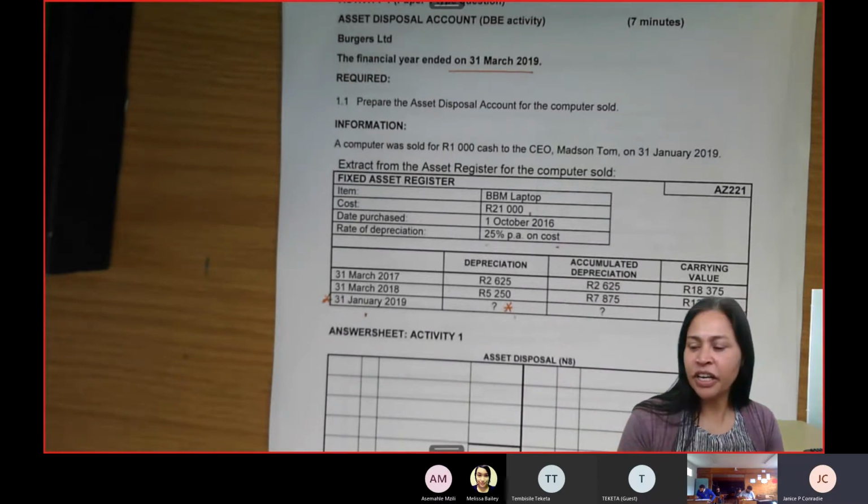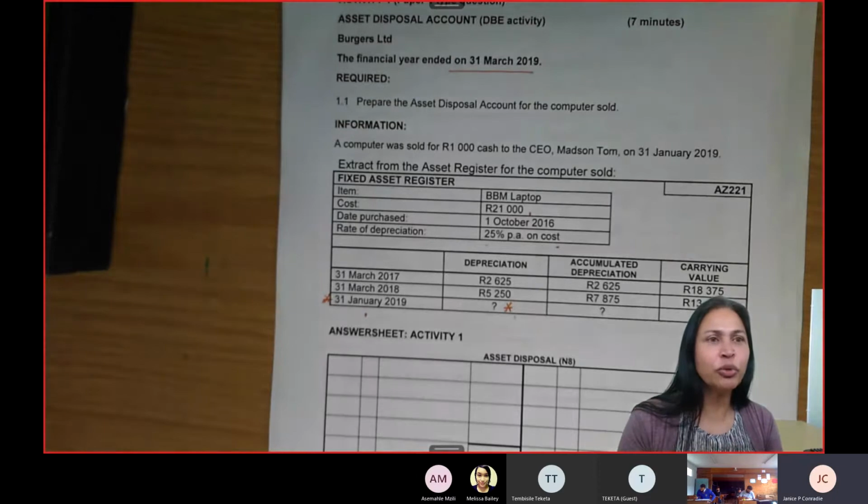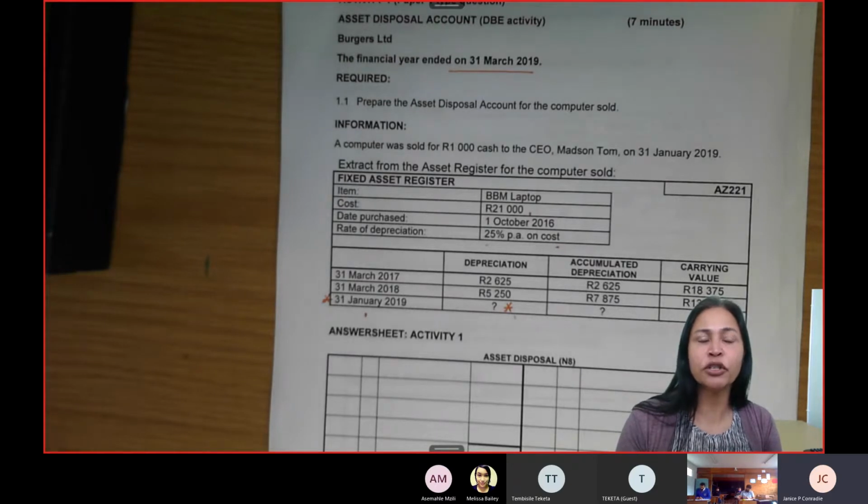Linus, please, I am going to continuously engage with you. It's important that when you do asset disposal or have to calculate any depreciation, you take into account the time frame that you need to calculate it for. In this case, you have disposed of it on the 31st of January, so that is important.